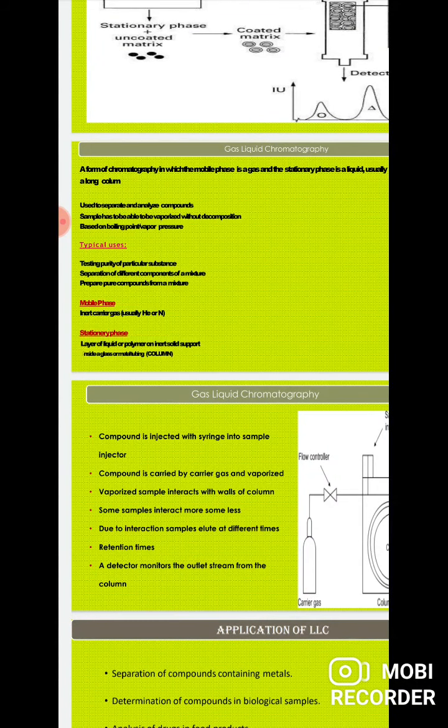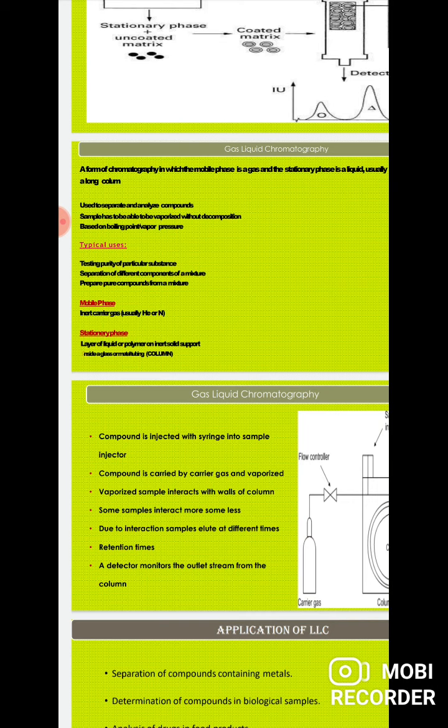Next is gas-liquid chromatography. It is a form of chromatography in which the mobile phase is gas and the stationary phase is liquid, usually in a long column, used to separate and analyze compounds. The sample has to be able to vaporize without decomposition, based on boiling point and vapor pressure.